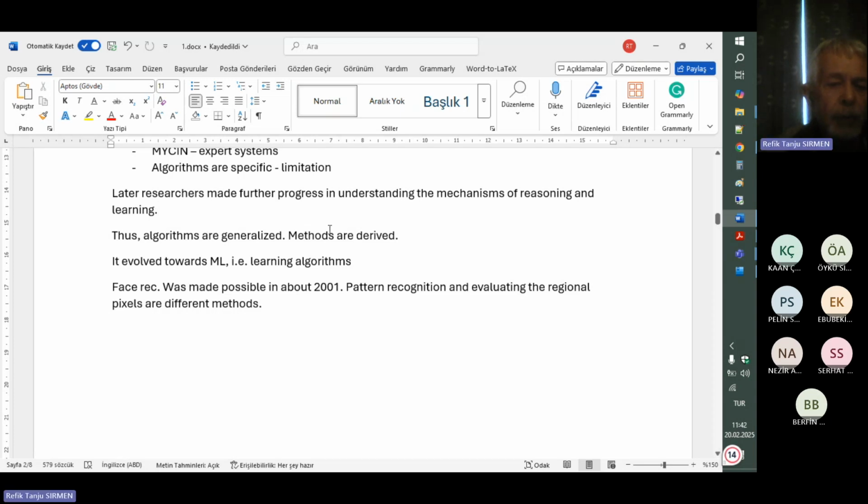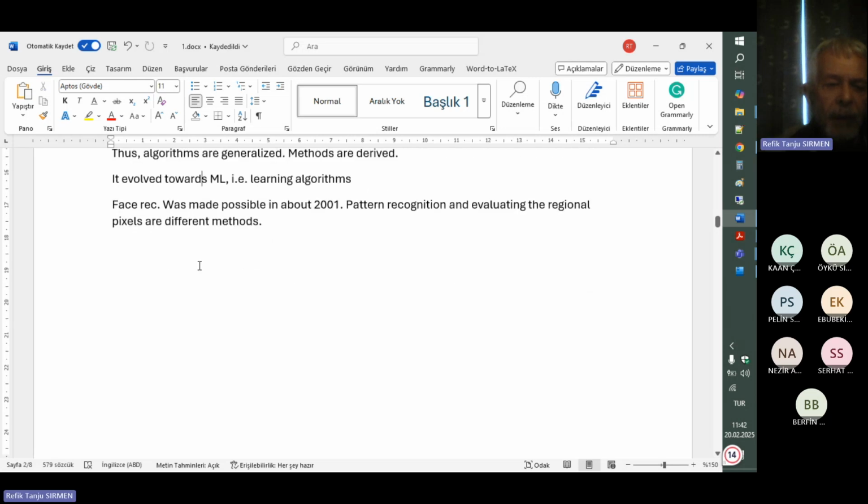New methods are derived from this. Therefore, all these efforts evolved towards machine learning, which is the learning algorithms, actually. Think about that. For instance, face recognition, which is very common nowadays, was not possible, right, until 2001, right?